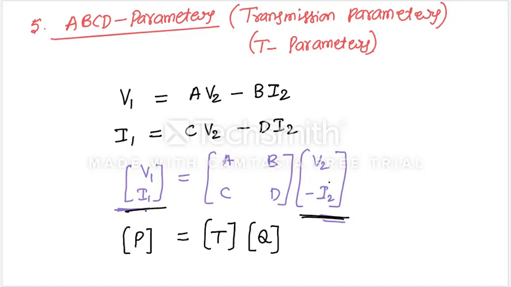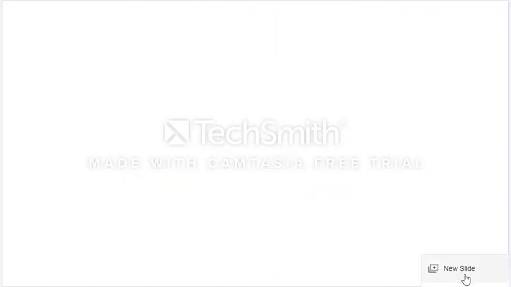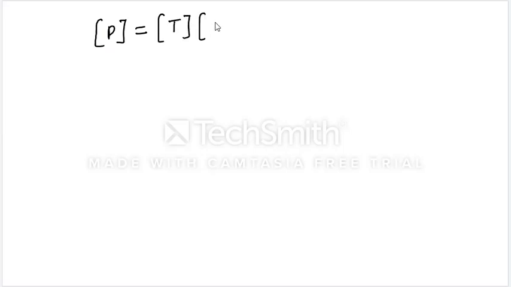So from this, now if I do the T inverse on both sides, here what we got is the P matrix is equal to the T matrix into the Q matrix.